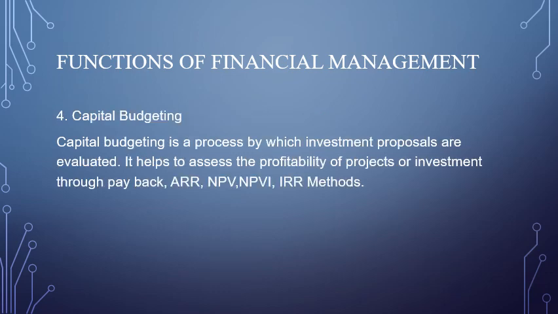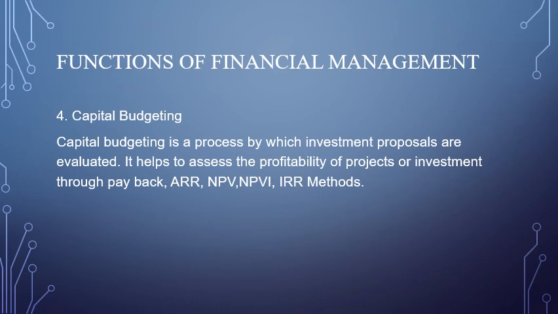The next, fourth one, capital budgeting. What is meant by capital budgeting? Capital budgeting is a process by which investment proposals are evaluated. How can we evaluate the investment proposal? With the support of some activity, we are evaluating the investment proposals.